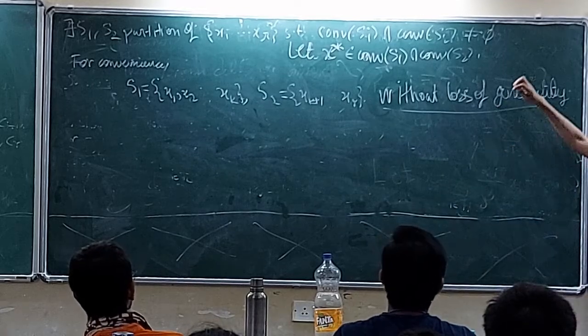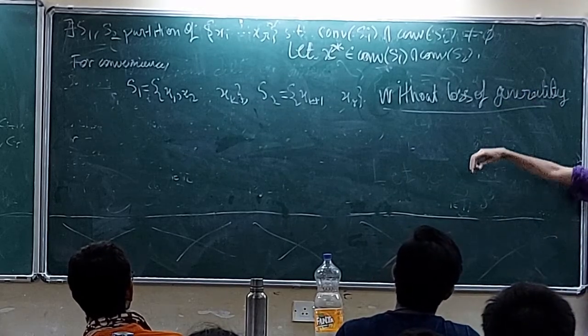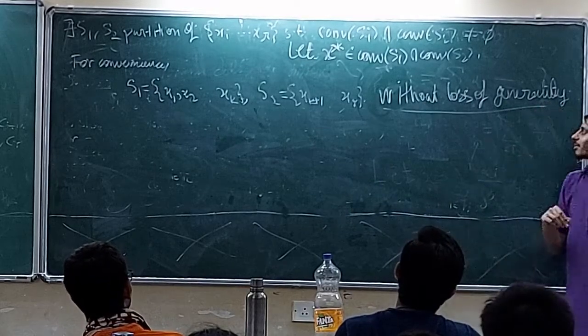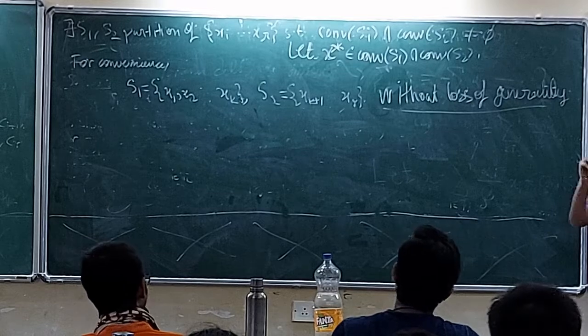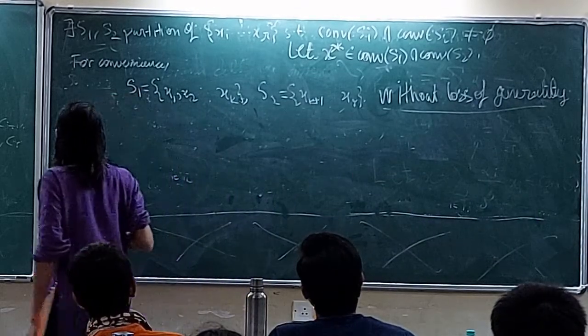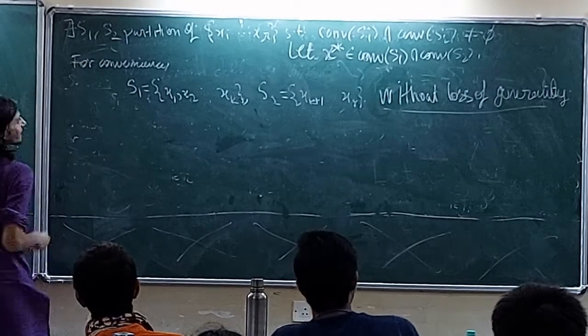This is something that kids love, okay? Whenever they have to make some kind of logical jump, which is actually not a logical jump, they'll say, without loss of generality, and then they end up making life wrong.